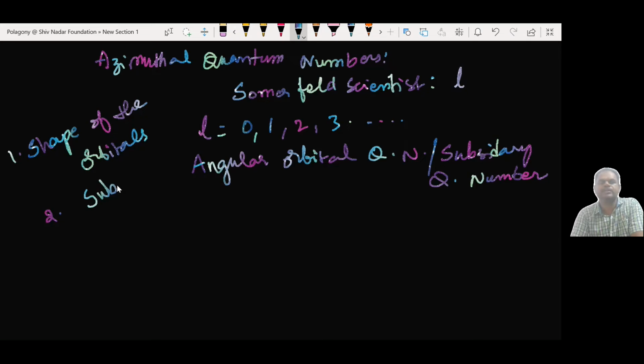It also tells about the division of the main shell into subshells, that is, how many subshells are present in the orbits.